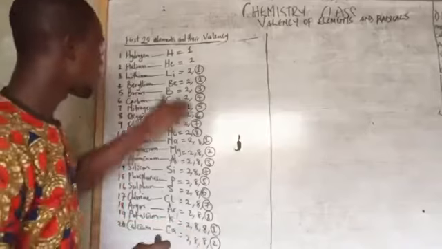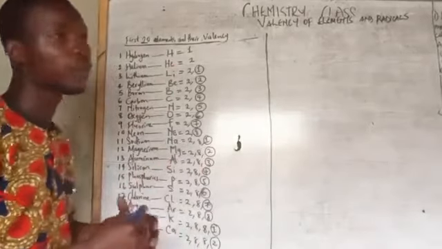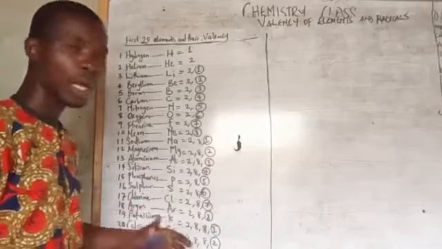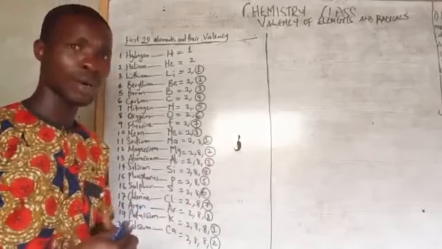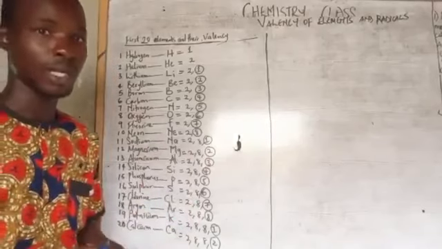Now, this valence electron gives us an indication of what the valency of the element will be. How do we figure out the valency of elements? We have two cases to determine the valency.